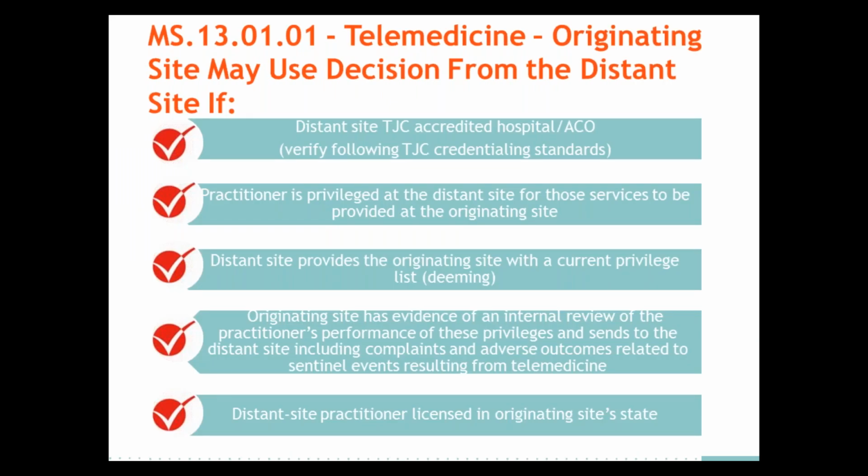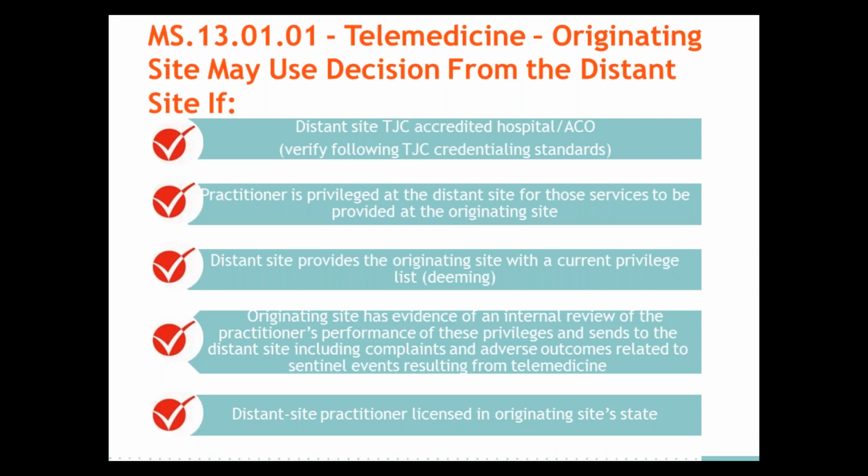If you're going to use that decision from the distant site, they have to be Joint Commission accredited, and you have to verify that they are following those standards, and you can do that by getting a copy of their policies and procedures and evaluating those.